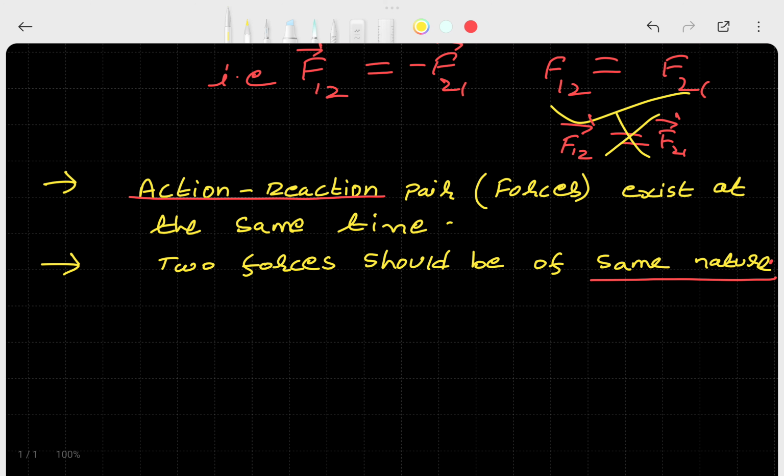Okay, these two forces mean action and reaction force. These two forces should be of the same nature. Again, two forces means action, reaction.